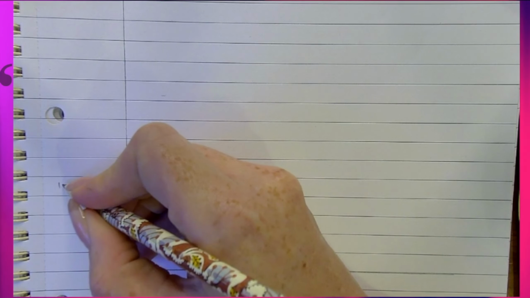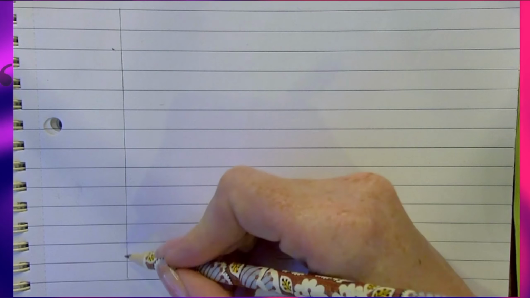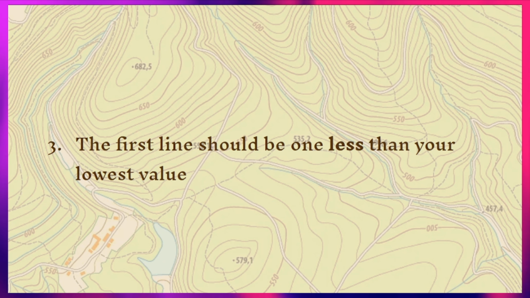We are going to label these horizontal lines with the same intervals as our contour intervals. If you remember, our contour interval was 20 meters, so we are going to count these up in 20s. Your first value down here should be 1 interval lower than your lowest value. If we look at our readings, our lowest was 1040.